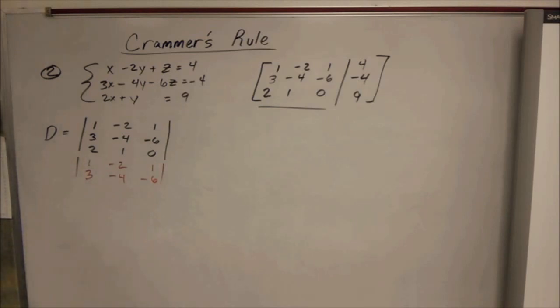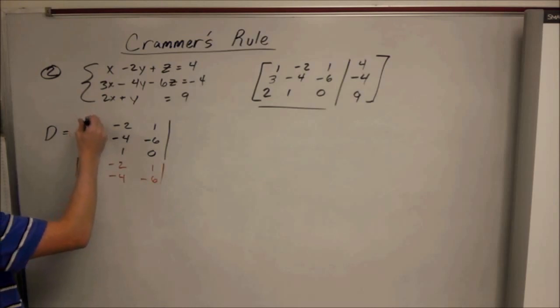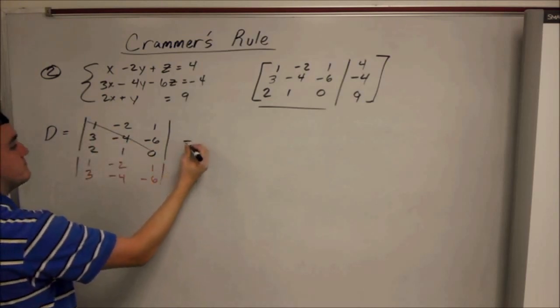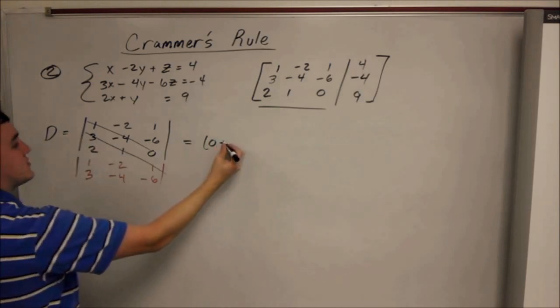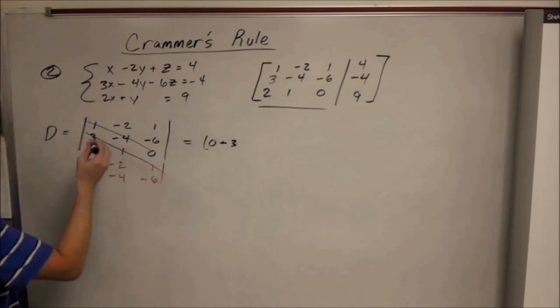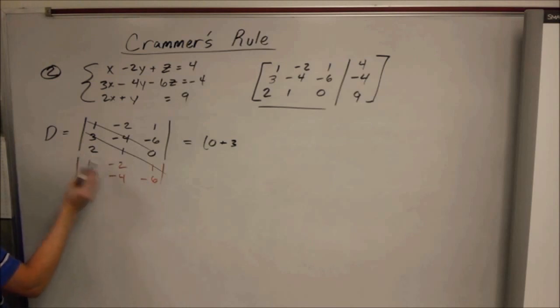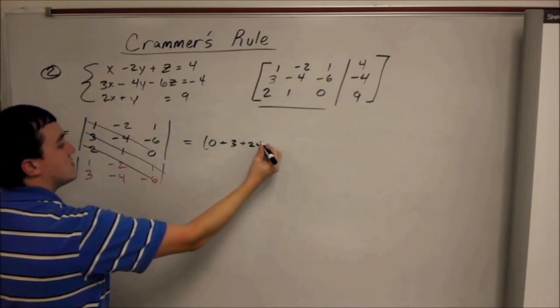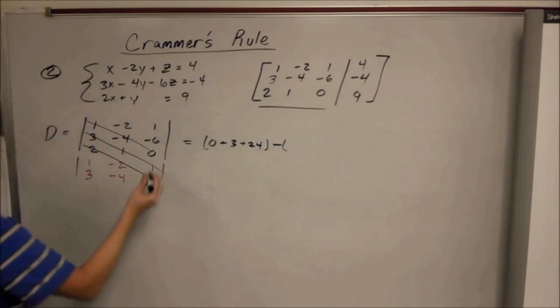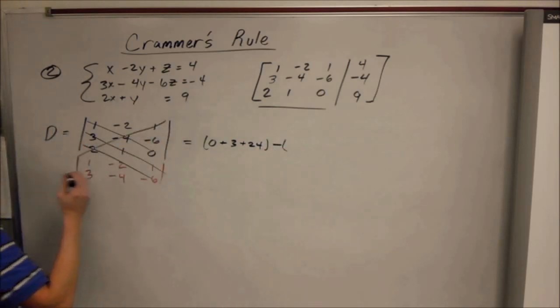So for our original D, we have 1 times negative 4 times 0, which is 0. 3 times 1 times 1, plus 3. 2 times negative 2 times negative 6, that's 4 times 6 is 24, positive because there's 2 negatives, minus 1 times negative 4 times 2 is negative 8.